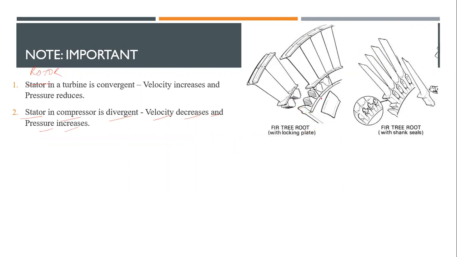Now, if you see this method, this is known as fir tree root. You can see how these grooves are made. What they do is they slide it in from the right or left. Why do they slide it? Because when the engine is rotating, they will be pushed outside.